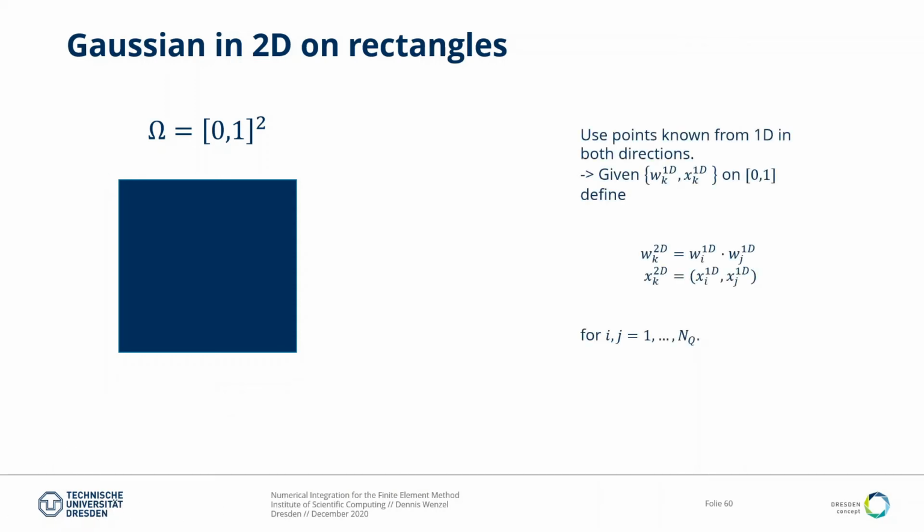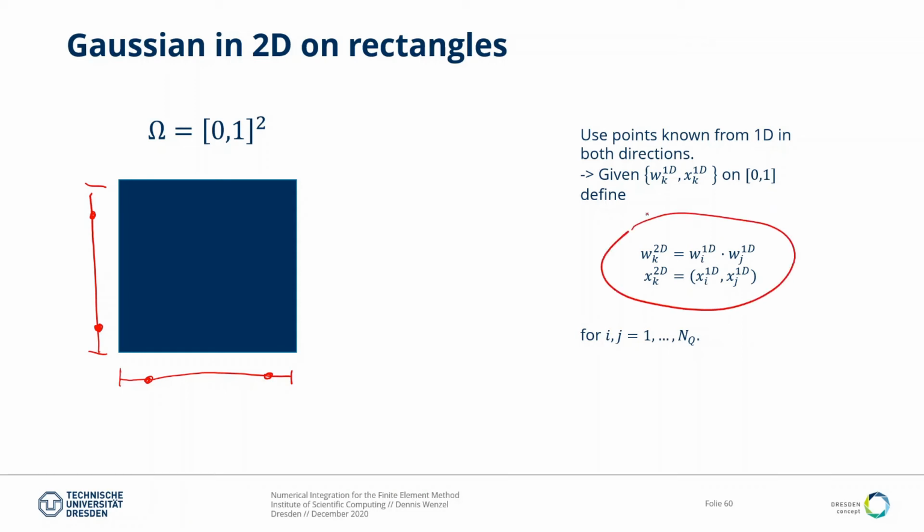And that approach is quite simple. You take your quadrature rules that you know from 1D and apply them with respect to the x and the y-axis. So you have your x-axis here, and you have your y-axis here, and whatever points and weights you have in 1D, so let's say you have 2 points here with certain weights, then you just draw them on both axes, and then you form the mesh grid out of it, which gives you this simple formula.